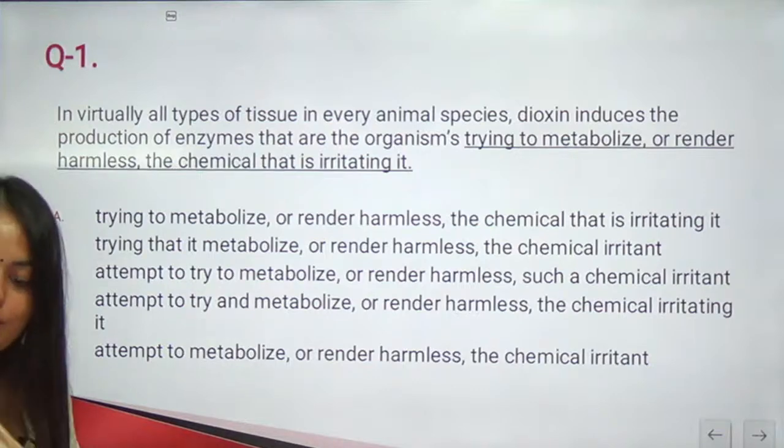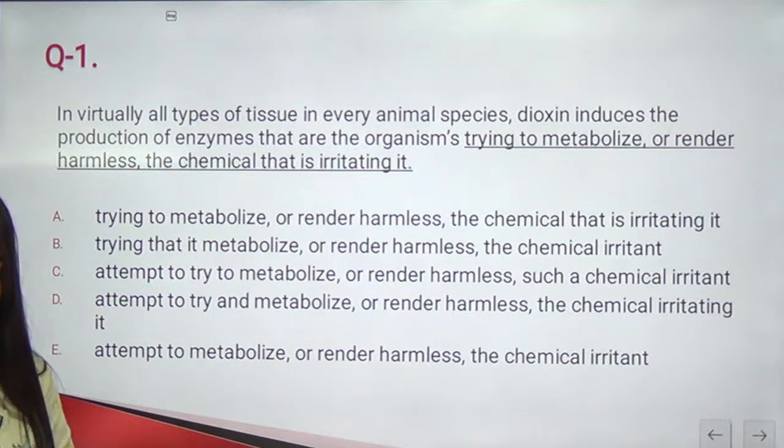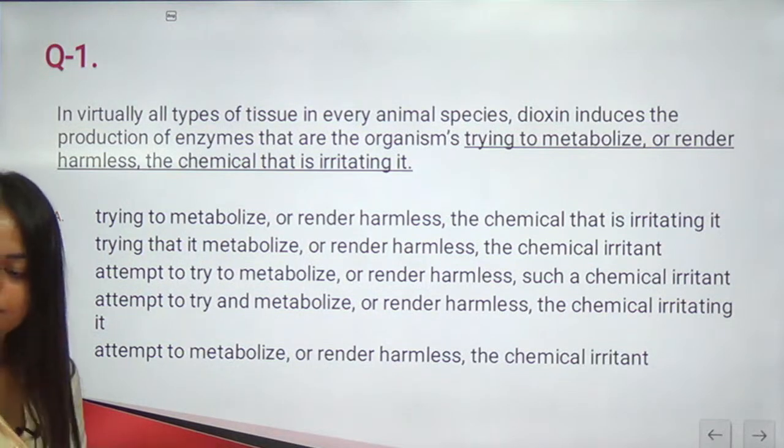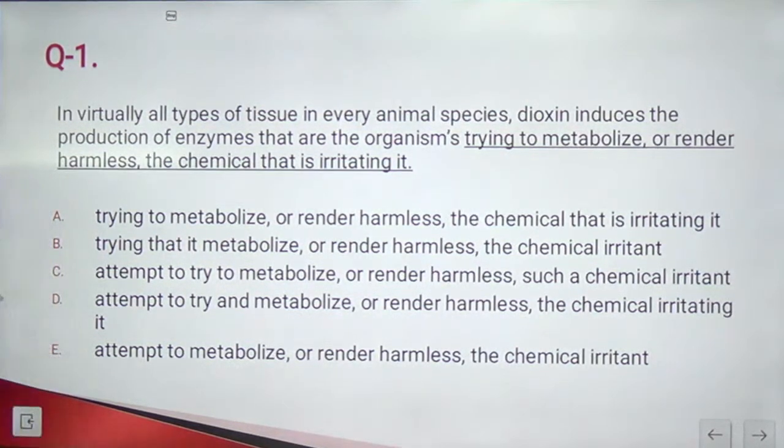Yes, Izumi, you've answered it correctly for the redundancy question. Can you answer this question now? Does it not sound a little awkward? Organisms trying to metabolize or render harmless the chemical that is irritating it. So let's understand this whole sentence.